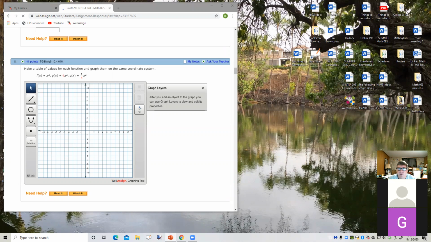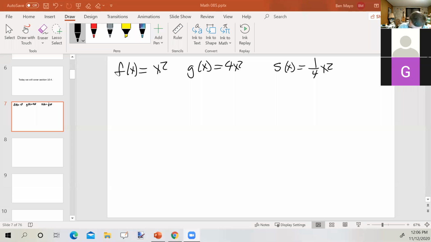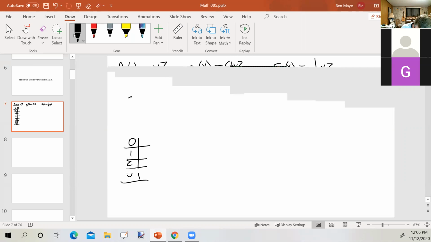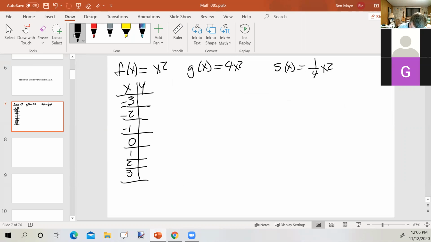Let me switch over to the other screen here. So for instance, if you were going to graph f of x equals x squared, the vertex is at (0, 0), and I have you use 1, 2, 3, -1, -2, -3. And so we get 9, 4, 1, 1, 4, 9, like we did before.